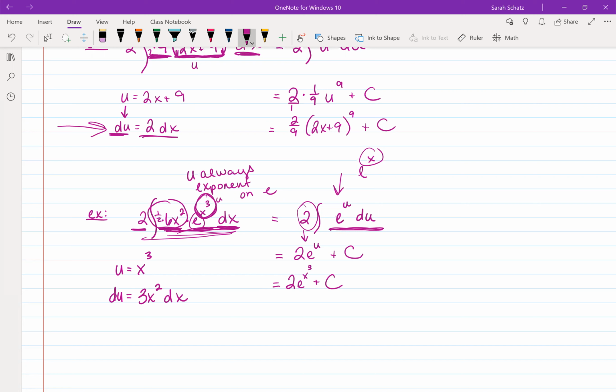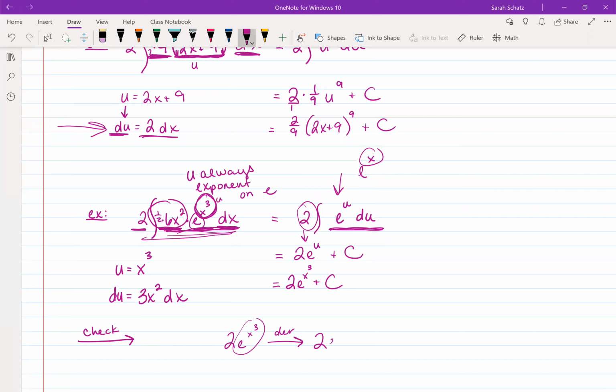We haven't checked. Let's check this one just to confirm that it worked, because this is our first exponential problem. How do I check? I start with the answer and take the derivative of the answer. So if I was taking the derivative of this, well, the 2 would come along. And what else would happen, you guys?